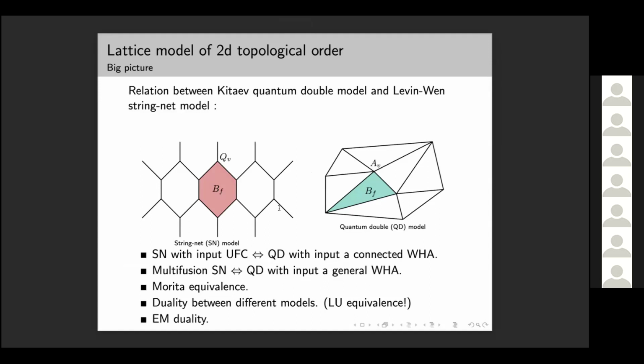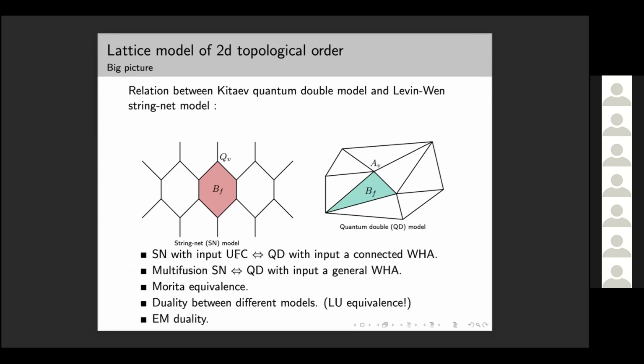For a finite group, these two models are connected by a Fourier transformation, which means that we can map one to the other. They are equivalent, their macroscopic theories are equivalent, and we can find a unitary transformation to relate these two models. For the Levin-Wen string-net model, the input is usually a unitary fusion category.